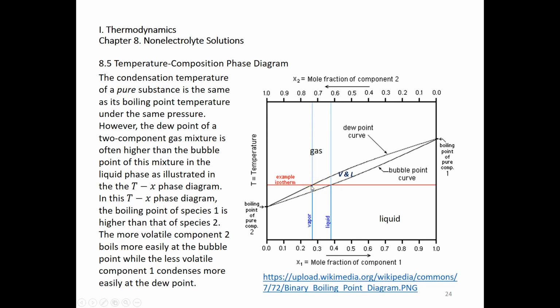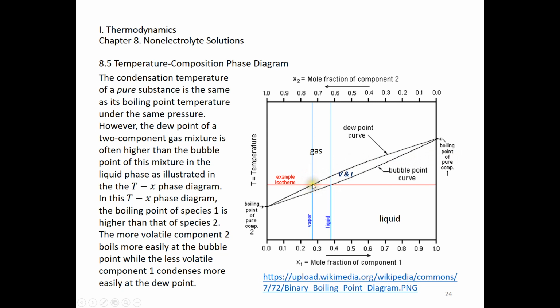In the gas phase, we again have a mole fraction of component 1 of 0.27, and over here it's 0.38. So we can enrich component 1 in the liquid phase.